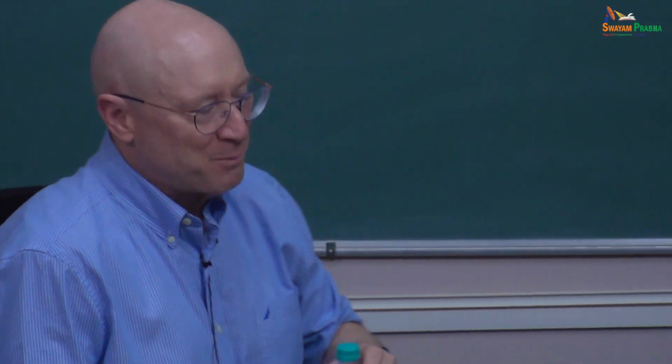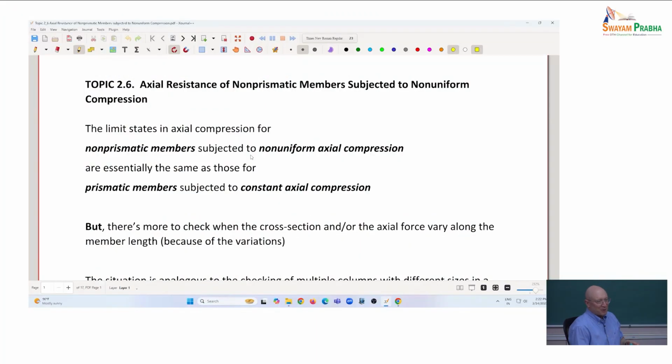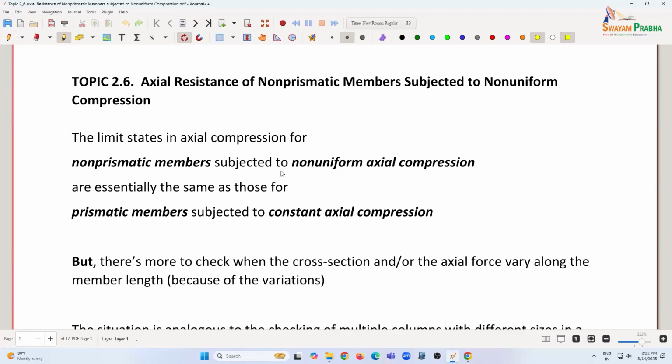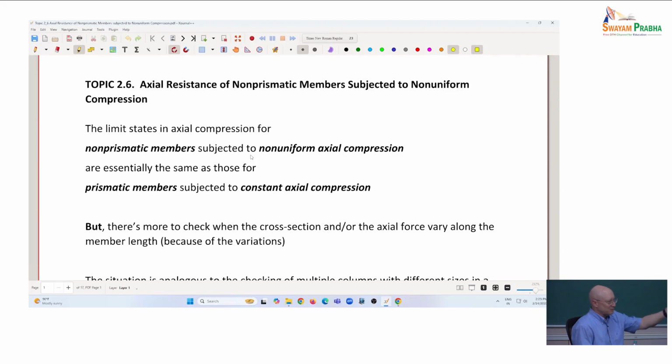How can we do calculations of non-prismatic members given our code provisions that are essentially based on uniform members? In the case of our column axial compression, you can say it's a prismatic member subjected to a constant axial compression along its length.